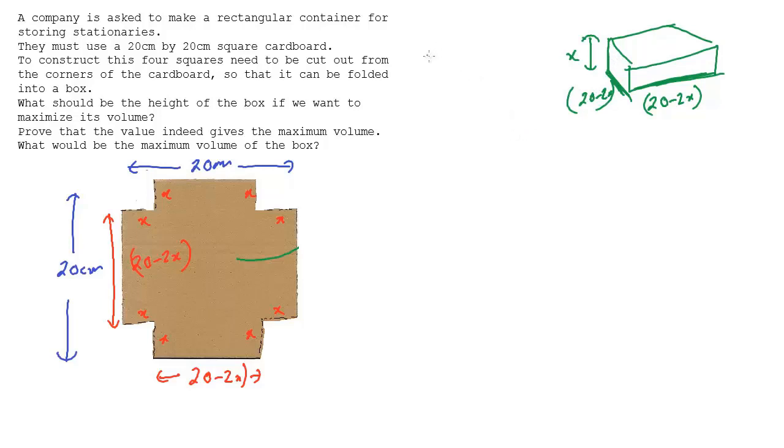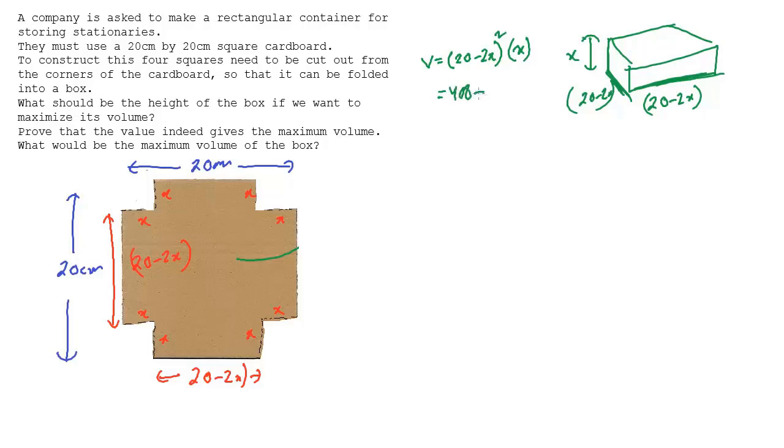So we can find an expression for the volume. Volume is length into breadth into height. So 20 minus twice x into 20 minus twice x, that means 20 minus twice x whole squared, and into x, that is the height. So now we have to break down the brackets. 20 minus twice x whole squared is going to be a squared minus 2ab plus b squared.